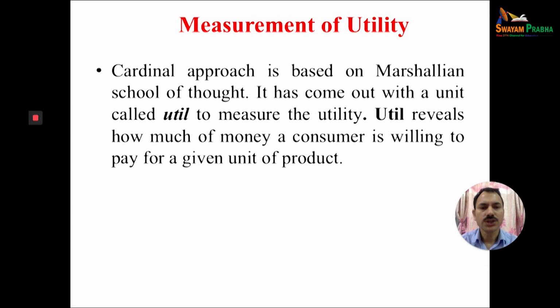According to him, utility can be measured in a unit, and that unit is called util. Util expresses how much money a consumer is willing to pay for a given unit of a product.